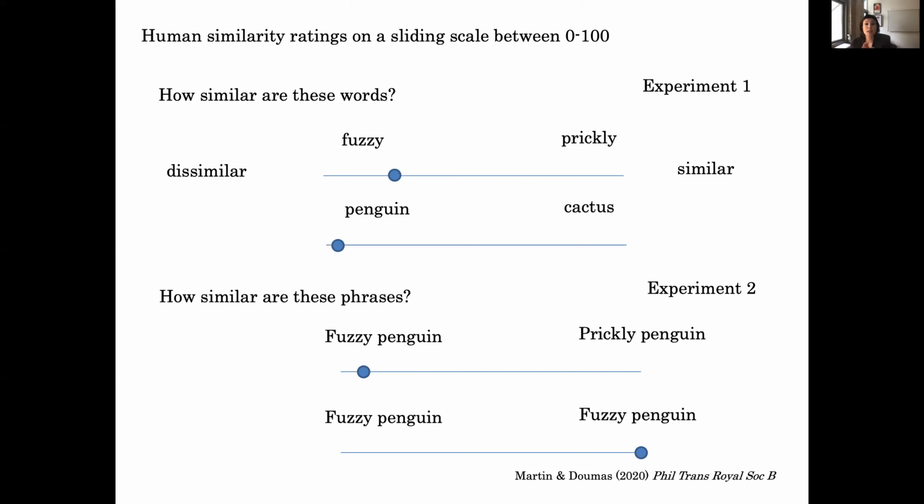Then we obtained ratings in two different studies. One was people moving a sliding bar to say how similar individual words are, for example, how similar is fuzzy to prickly, how similar is penguin to cactus. We get all of those ratings. And from a second group of people, we asked them to rate the combination, so fuzzy penguin, prickly penguin, et cetera.